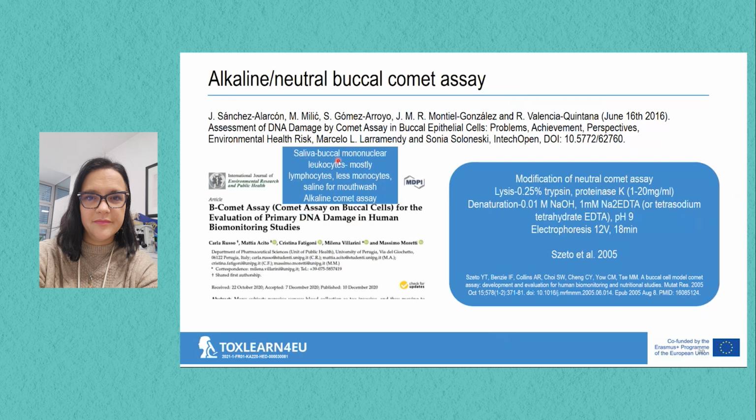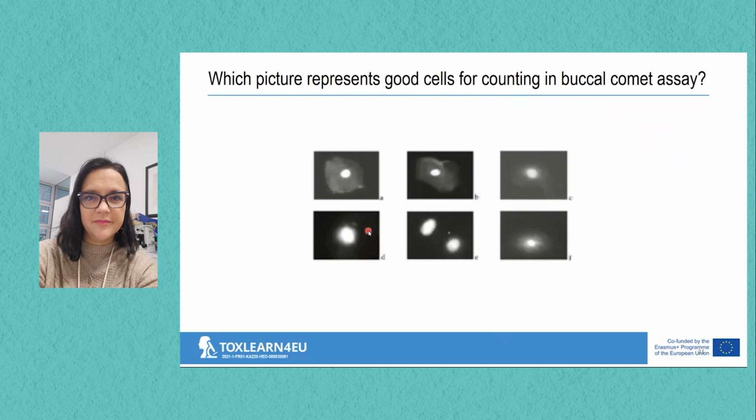In this saliva, you can get the buccal mononuclear leukocytes, and in them you have mostly lymphocytes. And the alkaline version of the comet assay really works every time in this protocol. The pixels are not so good, but you can see what the problems in the buccal comet assay are.